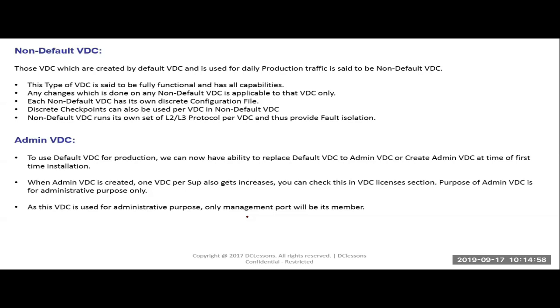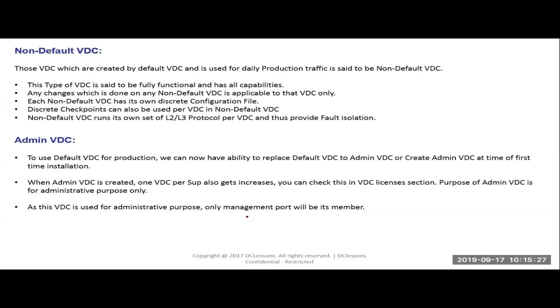Any change done on a non-default VDC will be applicable to that VDC only. It will not replicate to another VDC. Why? Because each non-default VDC has its own configuration file. You can also create a checkpoint, which can be used per VDC. Each non-default VDC has its own set of L2 and L3 protocols, thus it provides fault isolation.